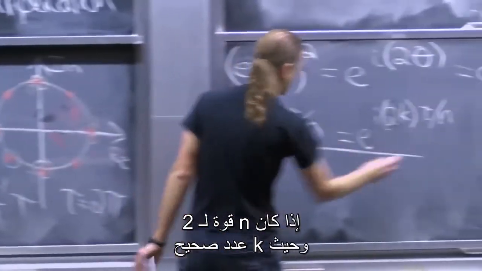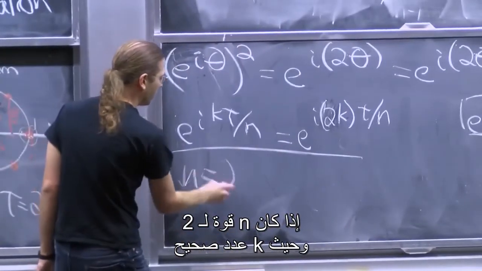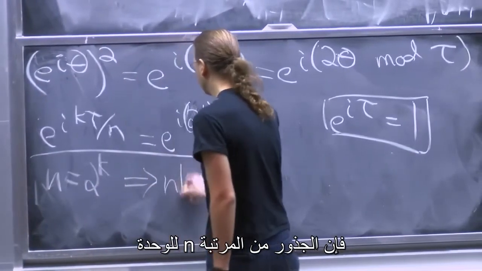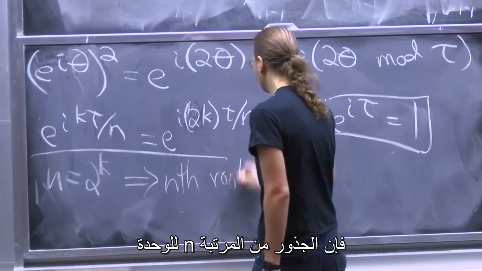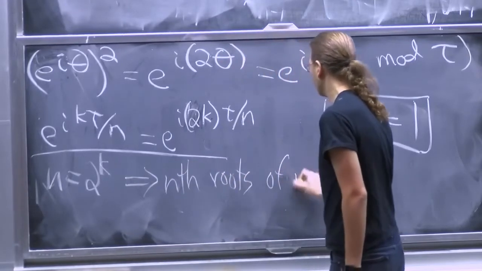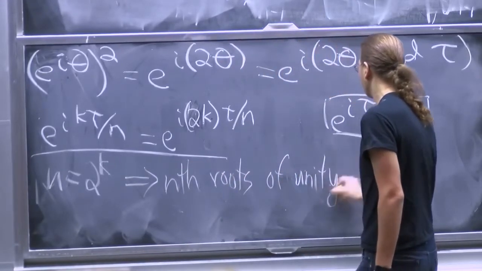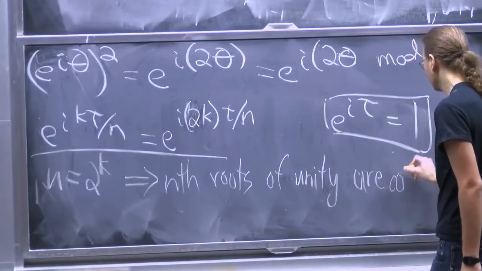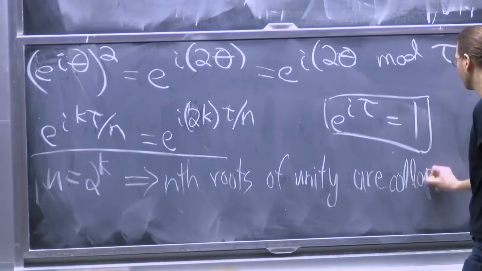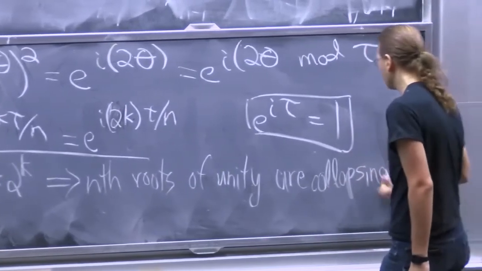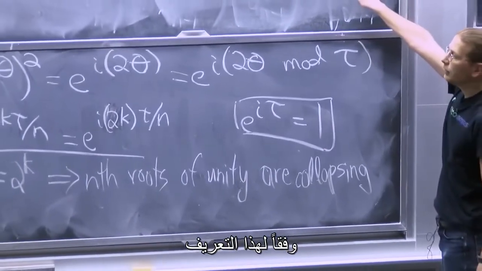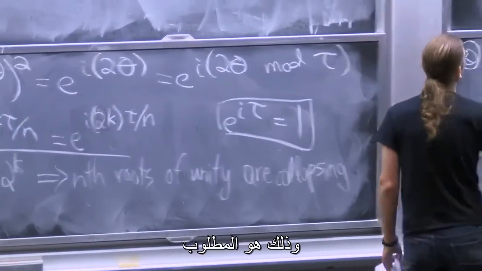Okay, so if n is a power of 2 for some integer k, then the nth roots of unity are collapsing, according to this definition, and that's what we want.